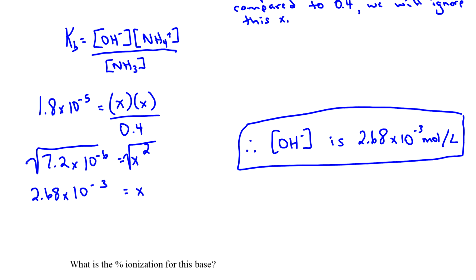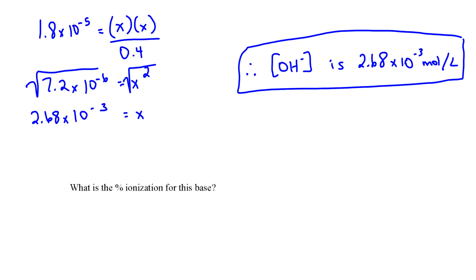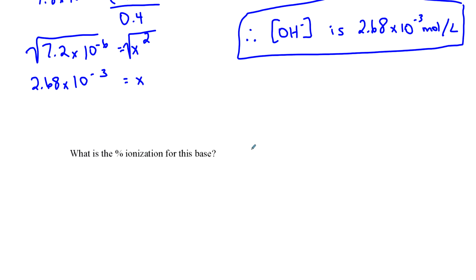Okay, so not a lot different from what we've done in the past. Now, we're also going to do percent ionization, which we already know how to do. I'm just going to put a little reminder here to check to make sure that the 5% rule holds.